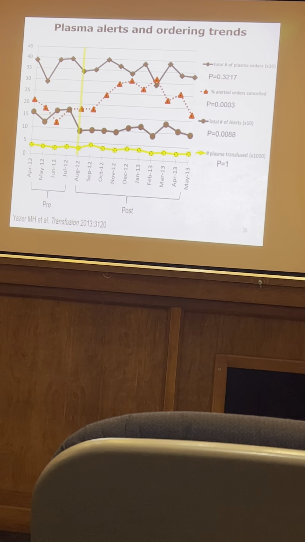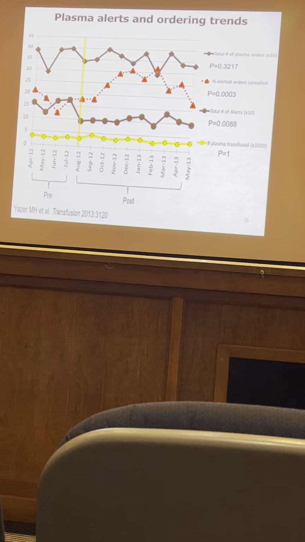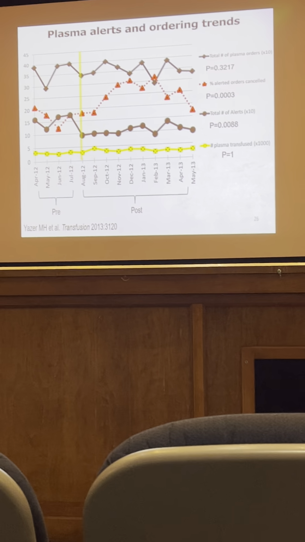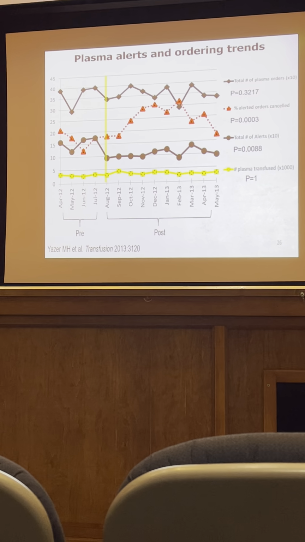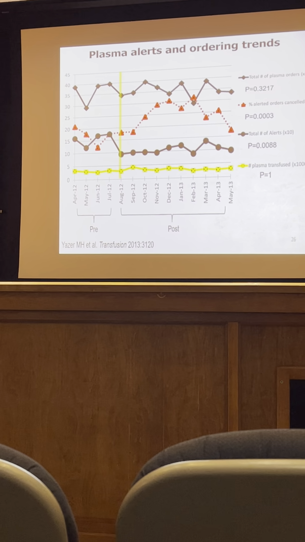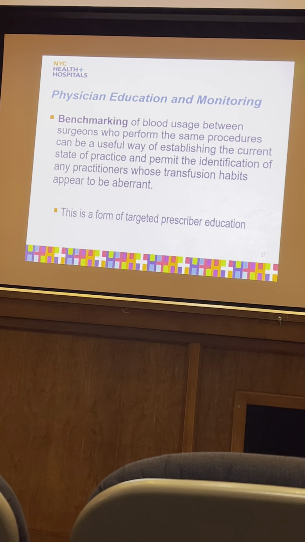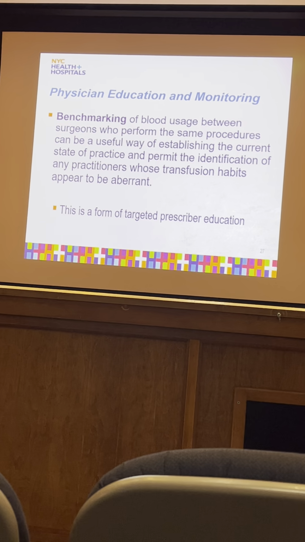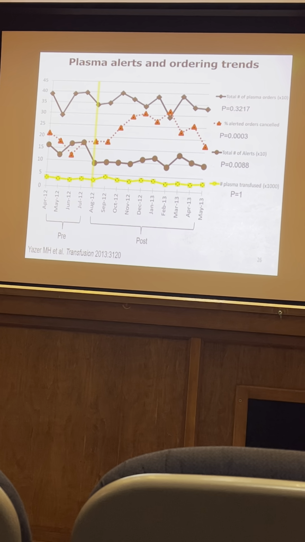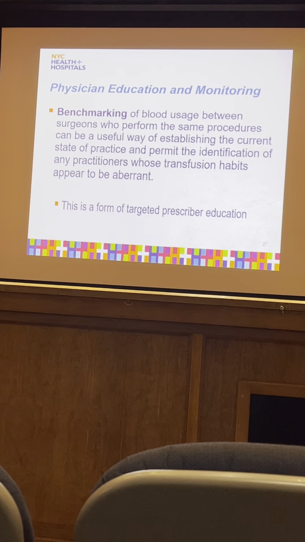But you can see here that the number of alerts canceled went up, and that was significant, and the total number of alerts went down. So they're learning. It's a good way to educate people and engage practice behaviors. I didn't want to get into cryoprecipitate and plasma, but they showed similar trends.